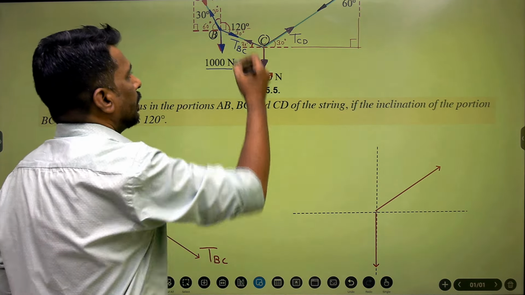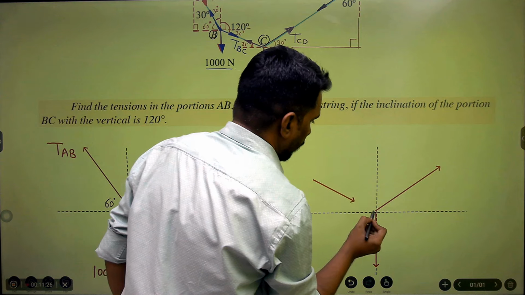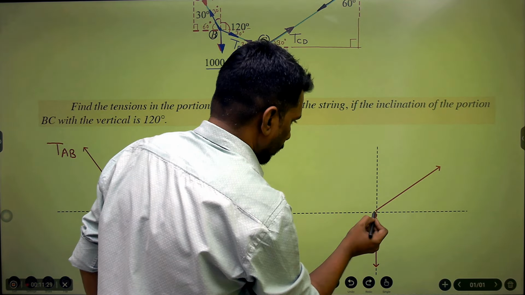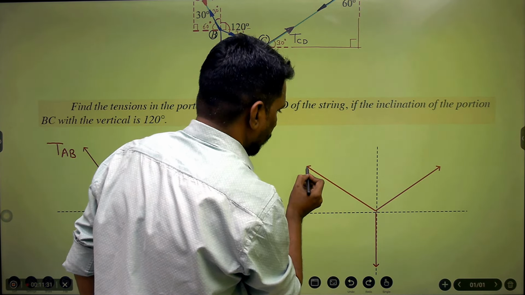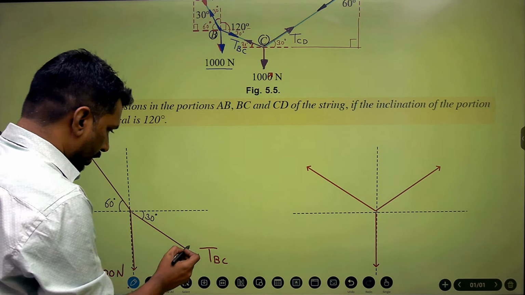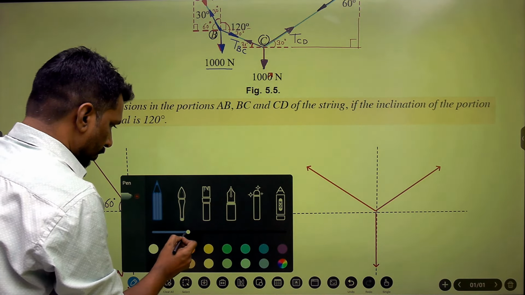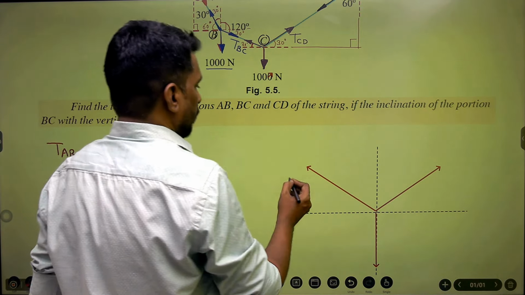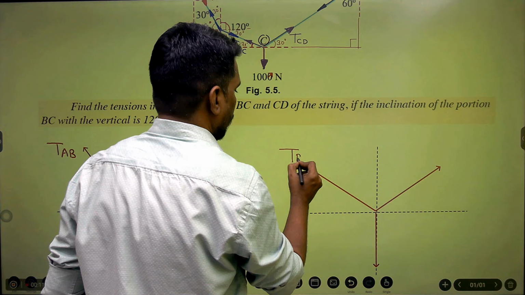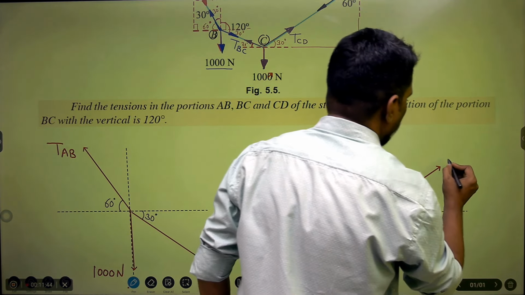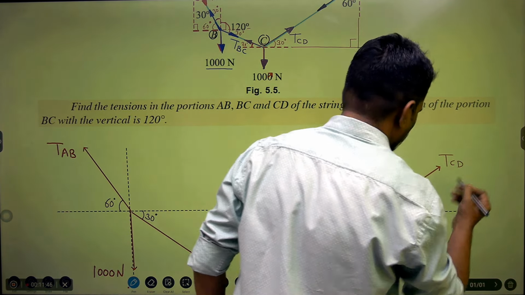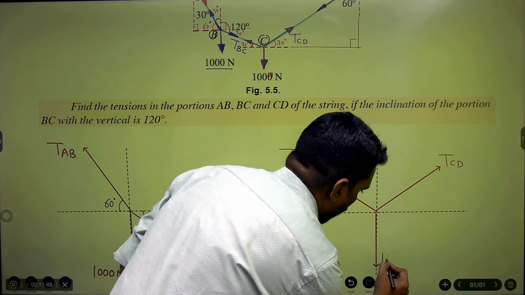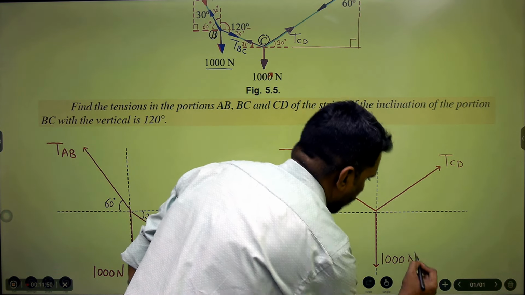And finally TBC at 30 degree with the horizontal. I'll give the name to each and everything. So this is TBC, this is TCD, and this force is 1000 Newton.